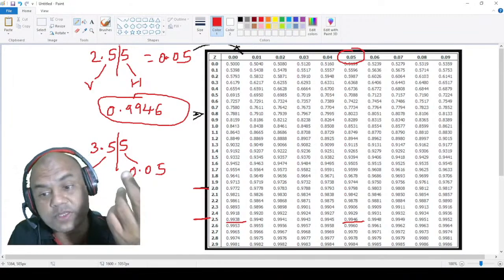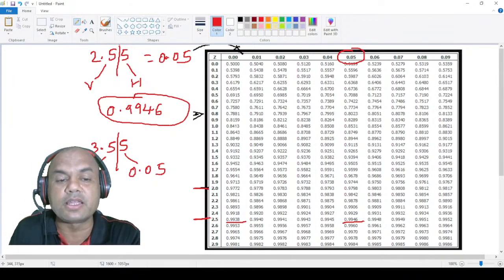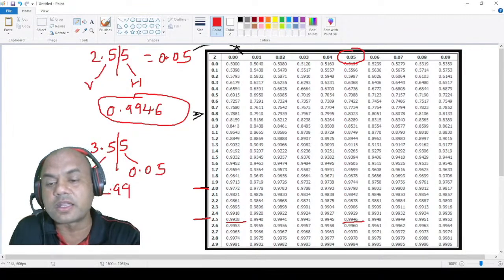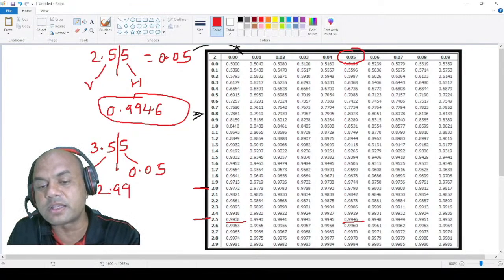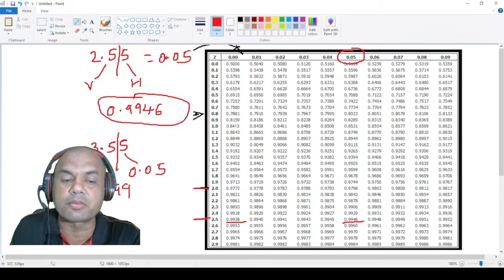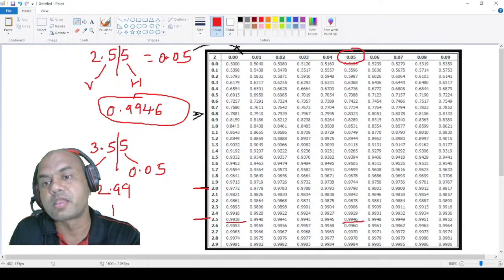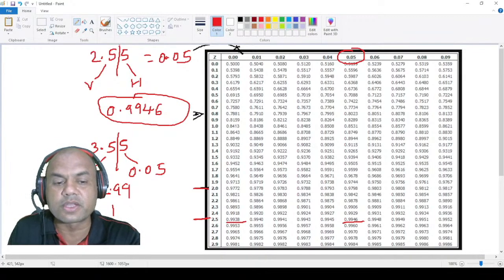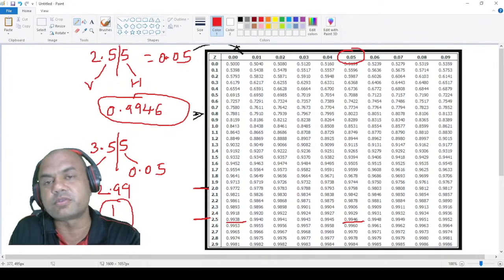Suppose I am having any number which is greater than 2.99, then I'll take the same probability, 0.9986. So roughly I'll take this probability as 1. If it is greater than 2.99, it will go down. Suppose I want 3.5, down means it will go nearest to 1. So we can take this very simply as 1.